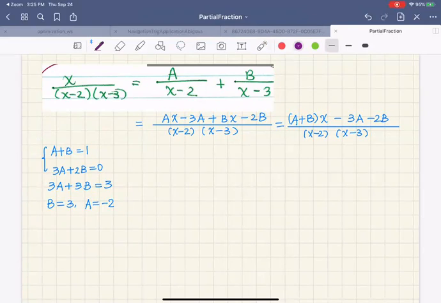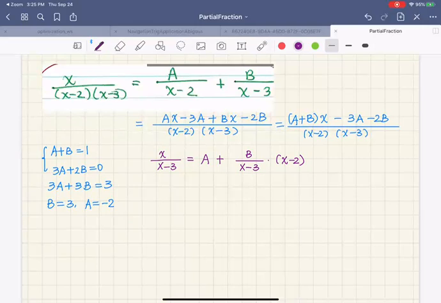So the left side becomes to x minus 2 times each term, x minus 2 will be canceled. So this is x minus 3. This becomes to a. This becomes to b times x minus 3, and then times x minus 2. That makes sense? Yeah, yes. That makes sense.